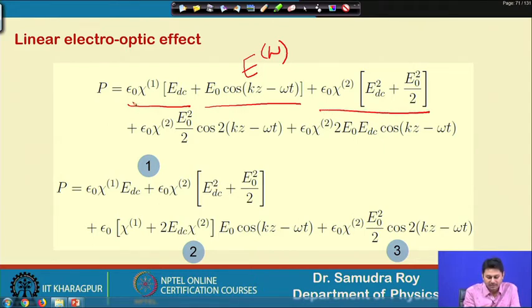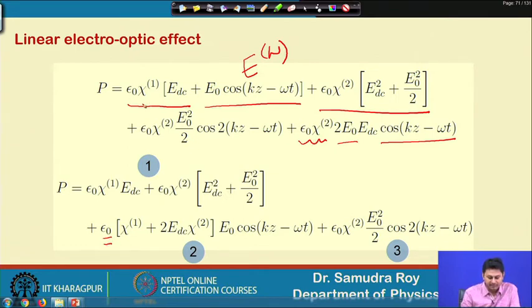So, the next term is epsilon 0 chi 1 E 0 cos(kz - omega t). Another term is E 0 cos(kz - omega t), but the coefficient is different here, epsilon 0 chi 2 E 0 DC. Epsilon 0 is common in both cases, so I write epsilon 0 here.